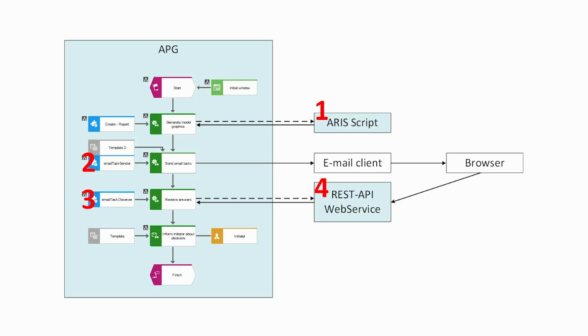The email task solution consists of the following elements: the ARIS script that generates a graphical image of the model, the APG service that sends email tasks, another APG service that receives and processes responses from users, and the link between users and ARIS, which technically handles the user responses, a REST API web service.